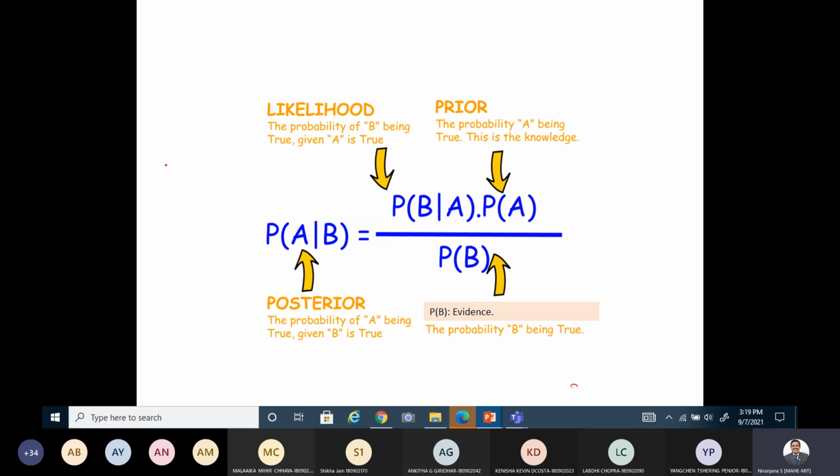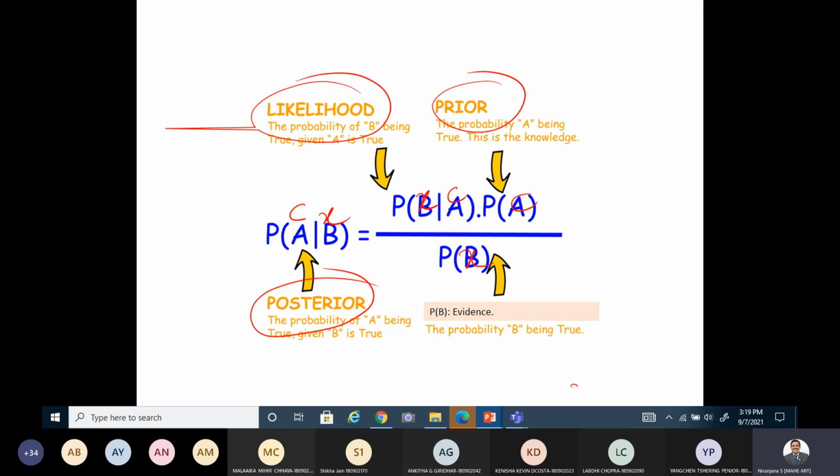It may not be very clear, but when this is C, the class, and this is X, then it will be more meaningfully defined as posterior probability, likelihood, prior, and evidence.